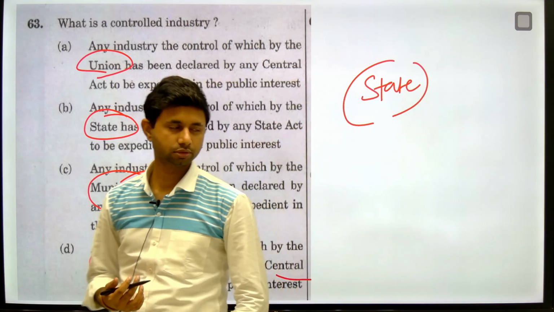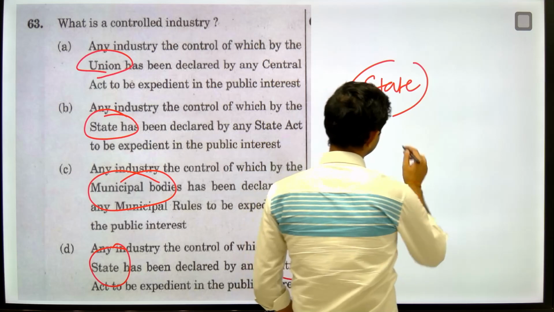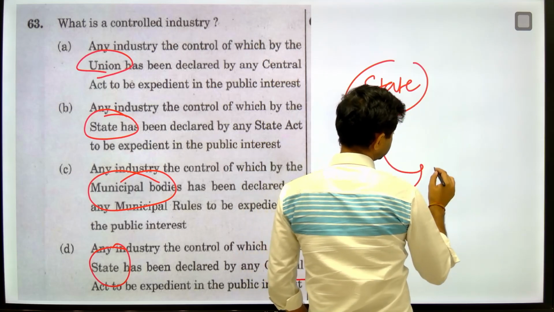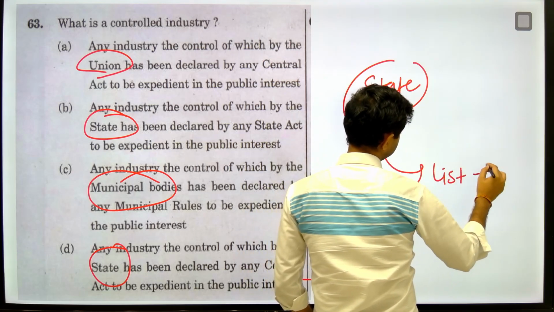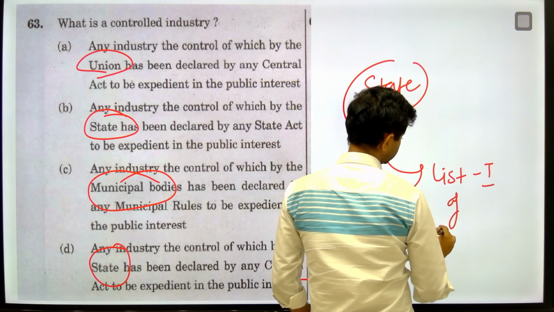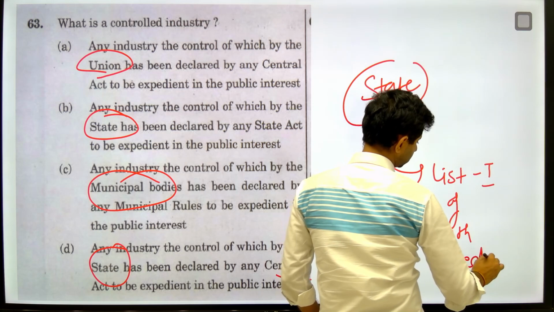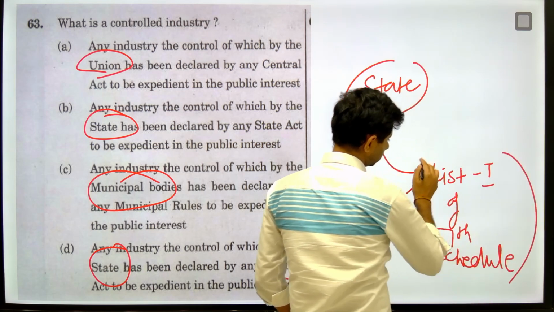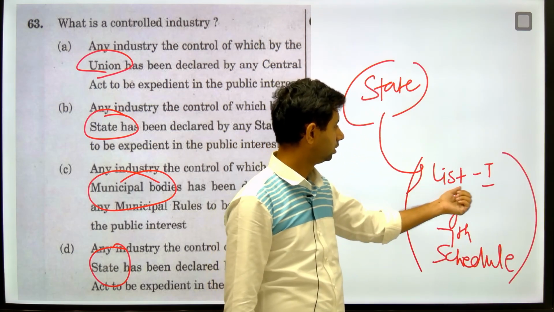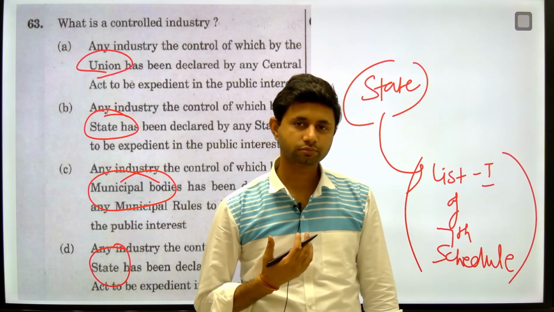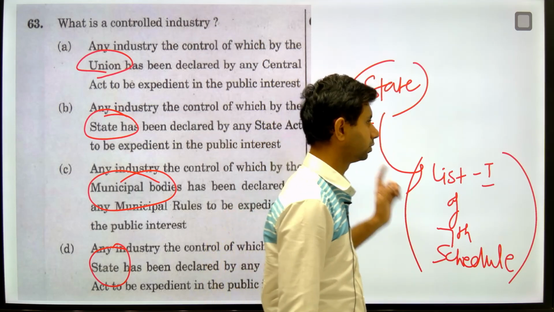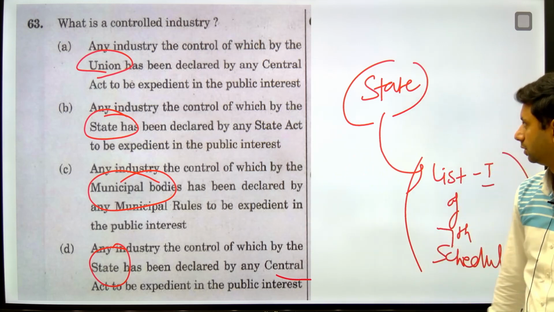Try to do this question. I will give you a hint that a similar thing is mentioned under List 1 of the 7th Schedule. If you know that List 1 is related to which government, then you will be able to do this question very easily.